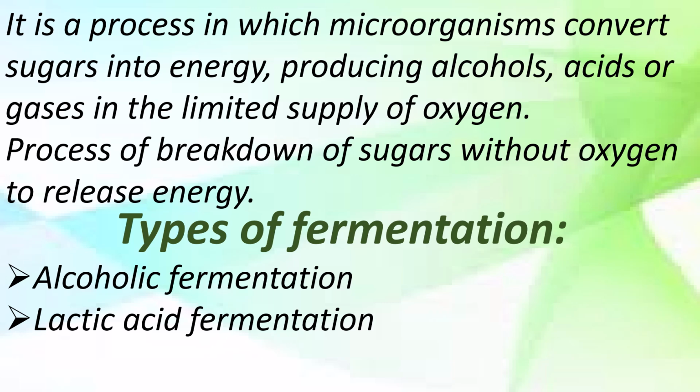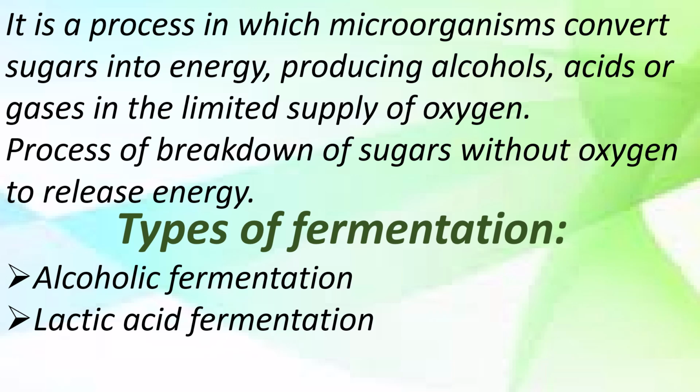ATP is an energy molecule containing adenine nitrogenous base, ribose sugar, and 3 phosphate groups. When these 3 phosphate groups are broken down, a large amount of energy is released. So fermentation is the process of breakdown of sugars without oxygen to release energy.